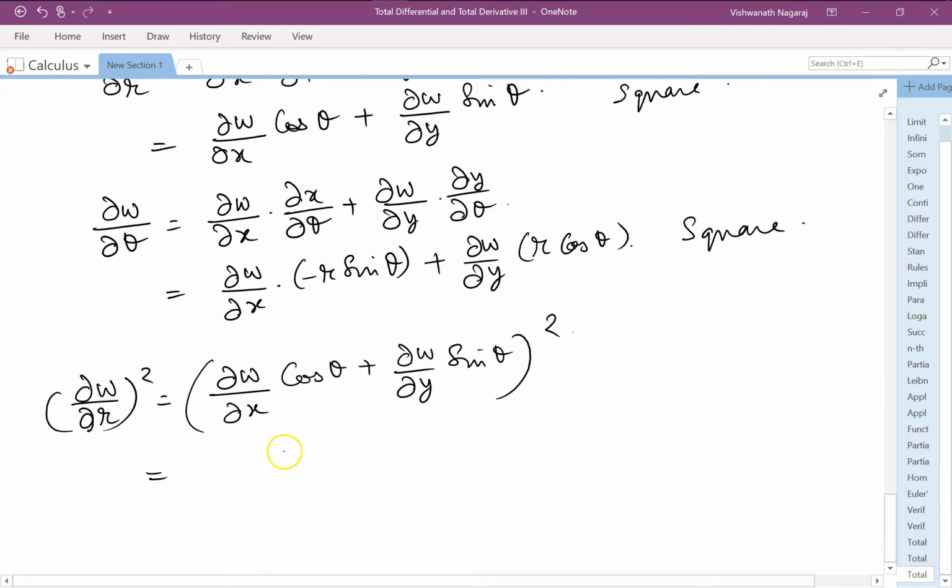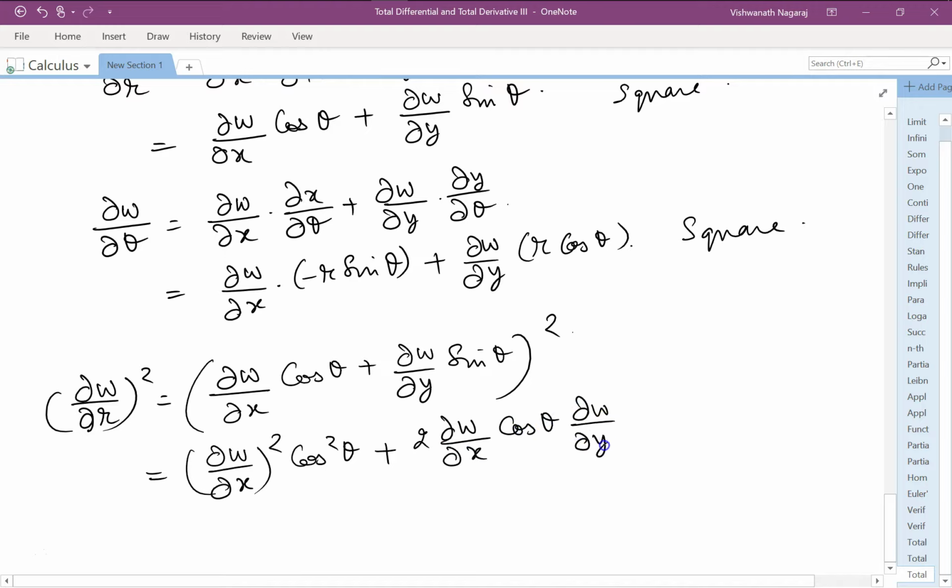So this you have to expand it: (∂w/∂x)² cos² theta, plus 2 times ∂w/∂x cos theta ∂w/∂y sin theta, plus (∂w/∂y)² sin² theta.